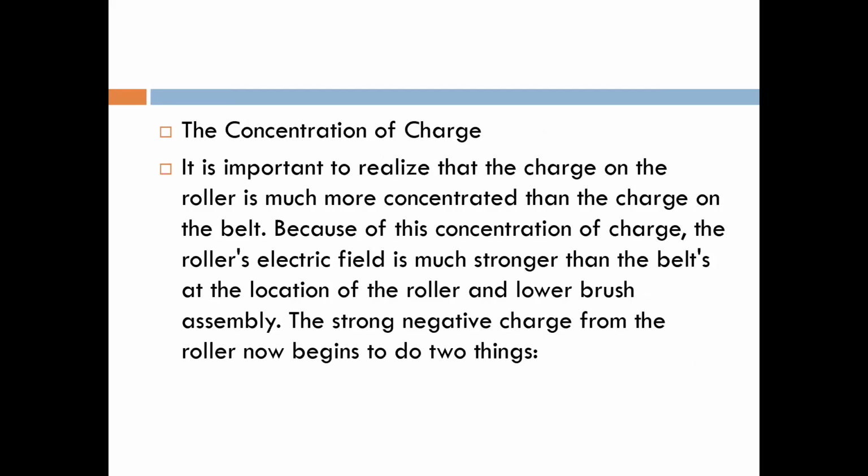Now the next point is the concentration of the charge. That is very important when studying the Van de Graaff generator, because this concentration of charge, whether negative or positive, on the belt or on the roller affects the working principle of the generator. It is important to realize that the charge on the roller is much more concentrated than on the belt, because the belt is made of rubber, an insulator, while the roller is made of silicon tape.